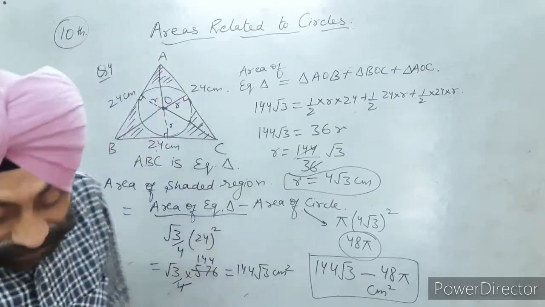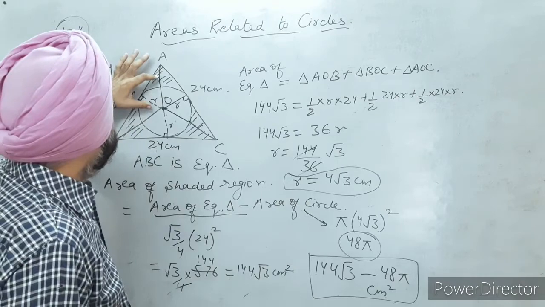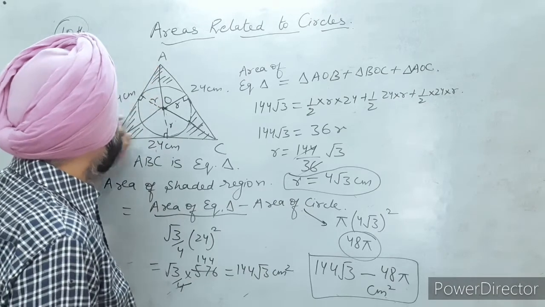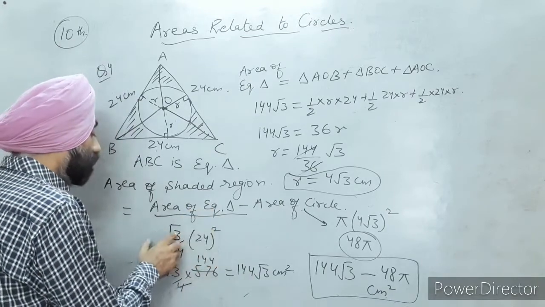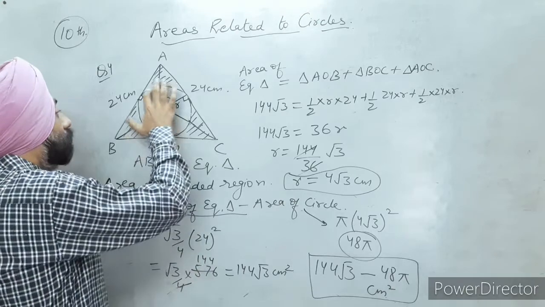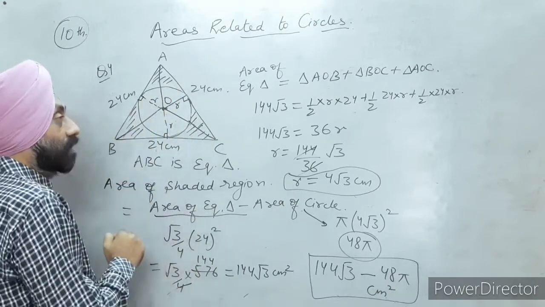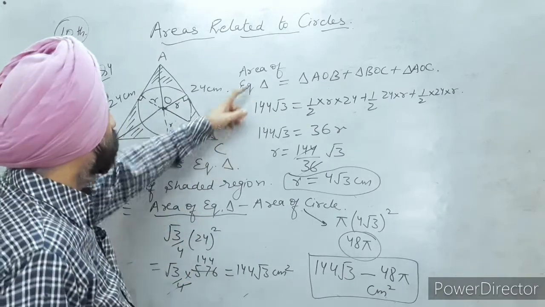It's a very good sum. Just understand it. Triangle ABC is an equilateral triangle. This is given. I calculated the area using root 3 by 4 into side square. Then it was required to find the area of the circle, but we didn't have the radius. That radius can be found like this.